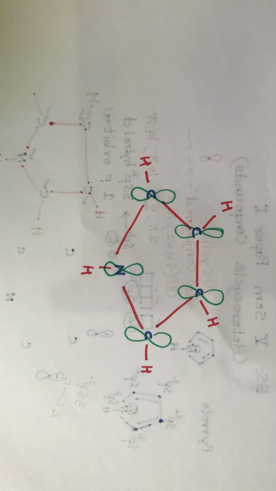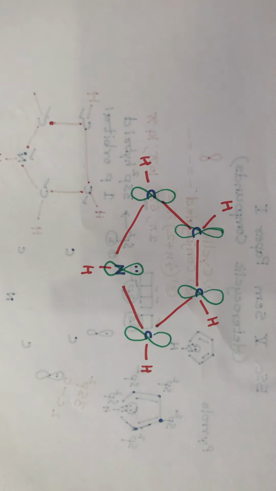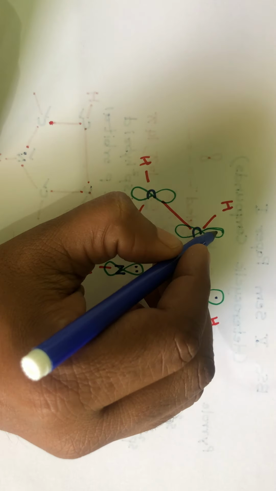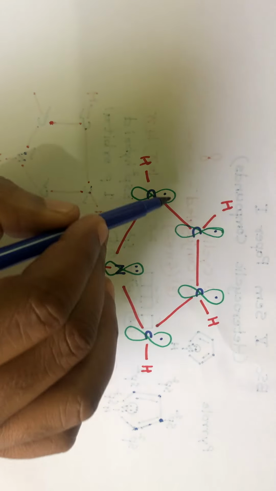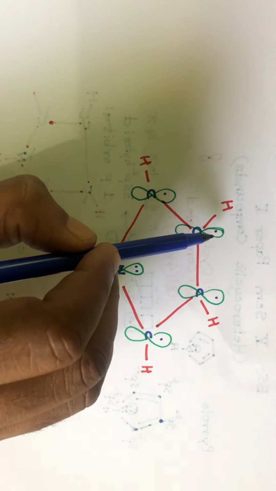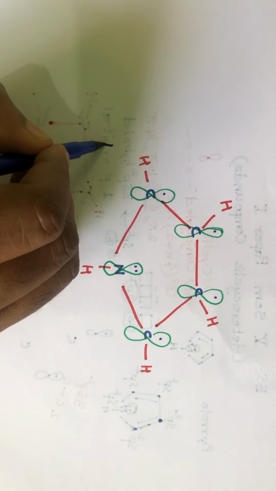Now the nitrogen contains a lone pair of electrons in this p orbital, and these carbon atoms contain one unshared electron each. Now, these p orbitals are in the same plane. So these electrons, 4 electrons on the carbons and one lone pair, lone pair meaning 2 electrons, total 6 electrons. They get delocalized.